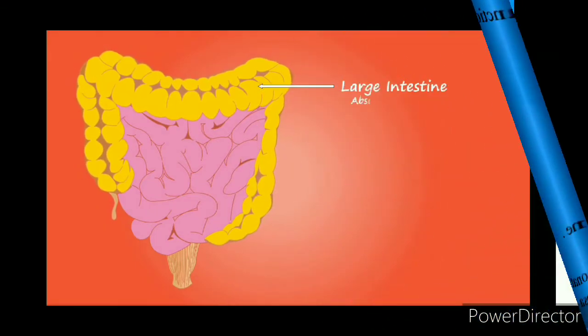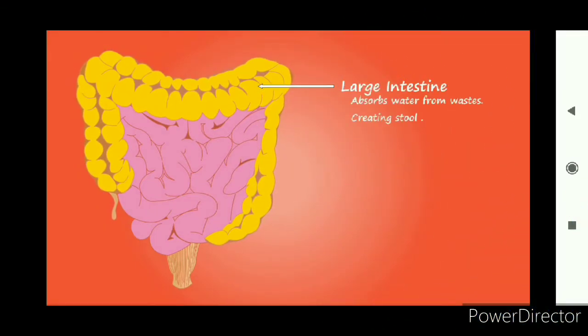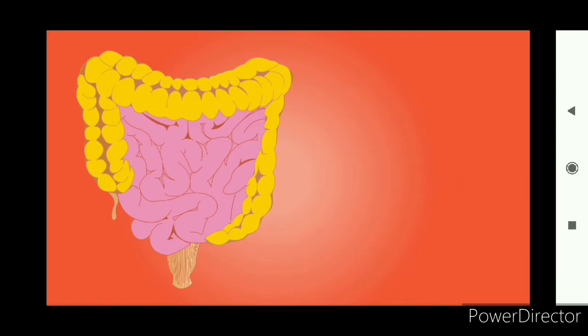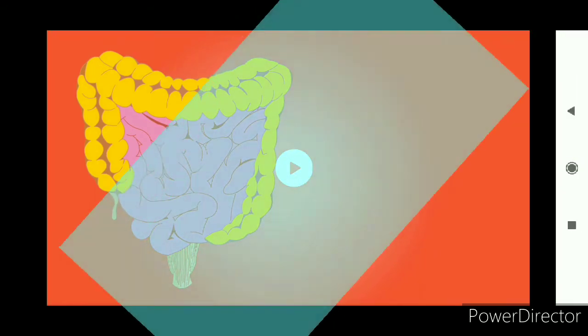The digestion of carbohydrate, protein and lipids is completed, and digestion of nucleic acid as well takes place in the small intestine. The small intestine absorbs about 90% of nutrients and water that pass through the digestive system.